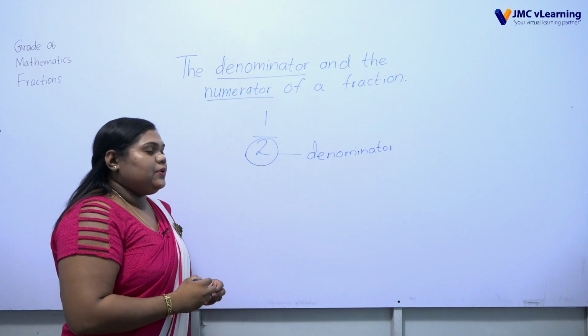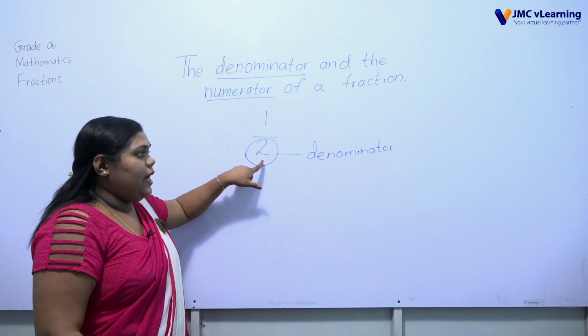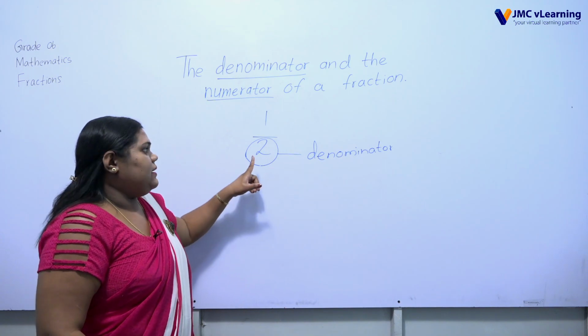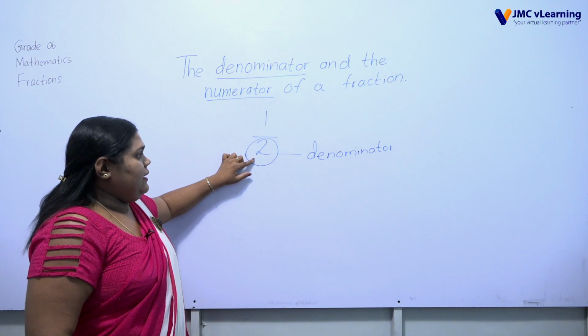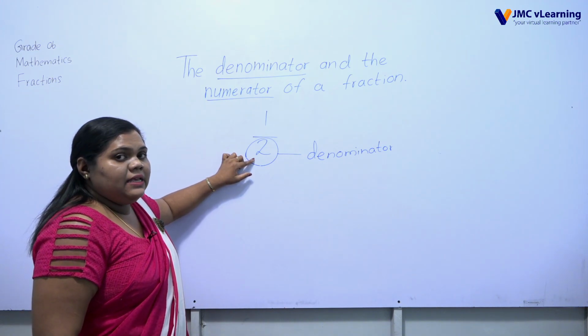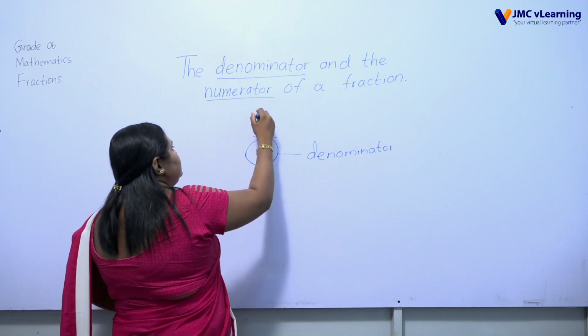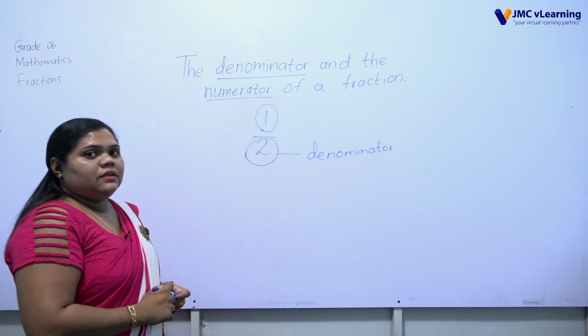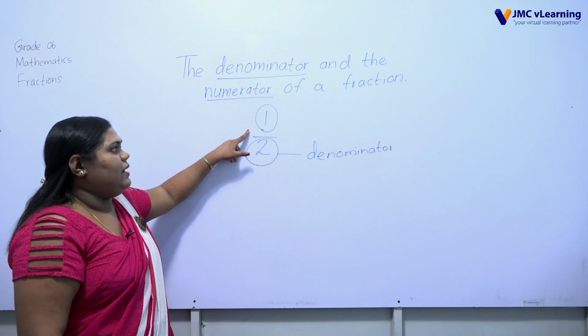Okay, children, you can keep this in your mind like this. Down, denominator. Below the line, that number we call denominator. Okay, then what is this number? This is number 1.